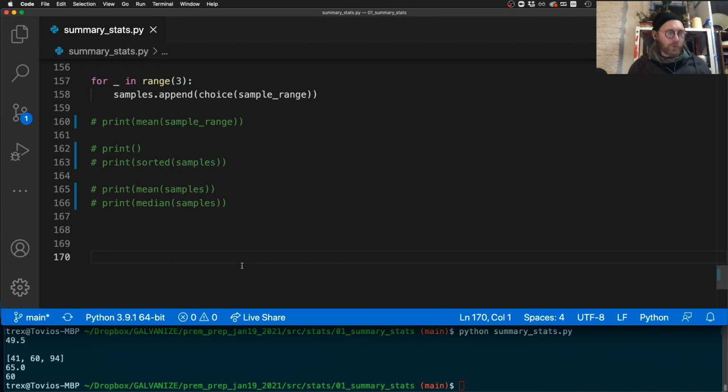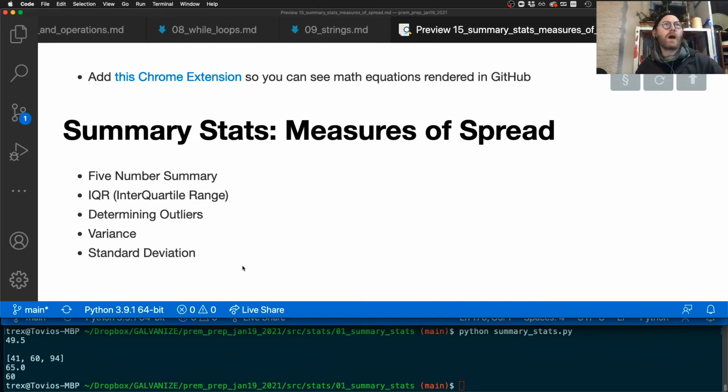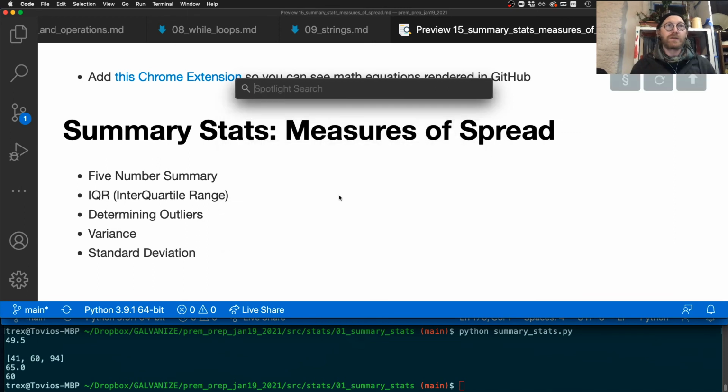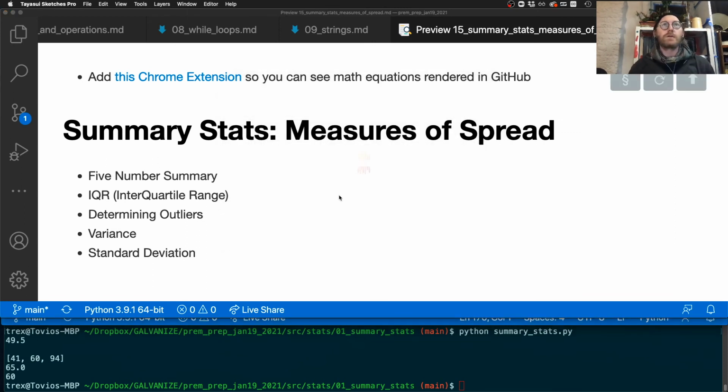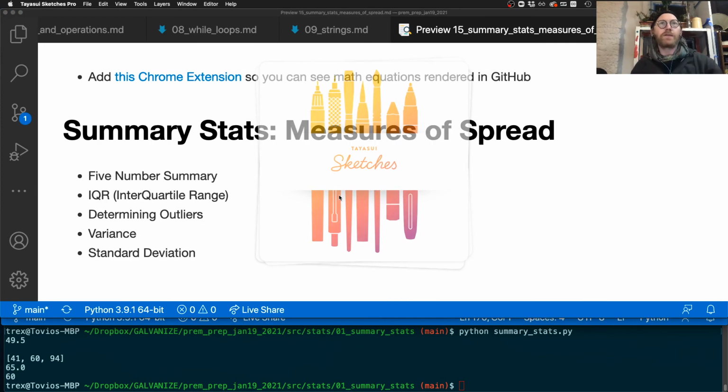I think before we get to that, though, there was one last thing, something we didn't touch on from the measures of centrality slides, and that is discrete versus continuous data. So let's talk about that.